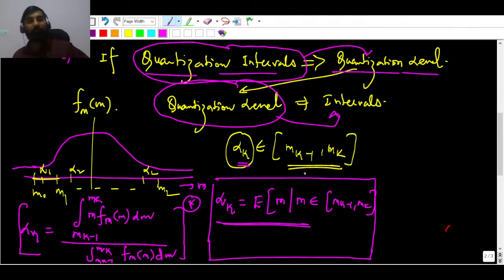I will create one separate video on the Lloyd Max algorithm. I will explain how we are getting this result. Alpha k integrates from m k minus 1 to m k. This is the chosen quantization interval, or given, you can say. In the question it will be mentioned that alpha can be chosen from this interval to this interval.